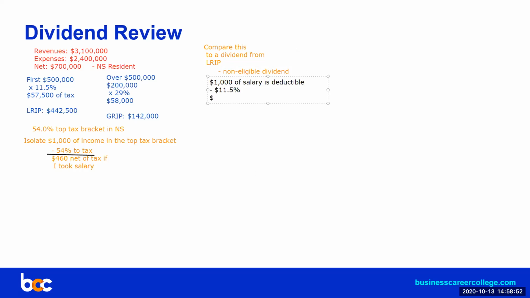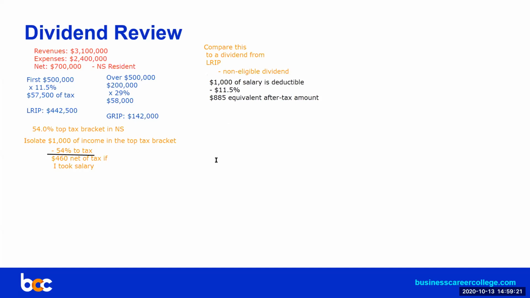So I have to do an apples to apples comparison here. I take 11.5% off of that $1,000, and that knocks us down to $885, which would be the corporation's after-tax amount at the small business rate.